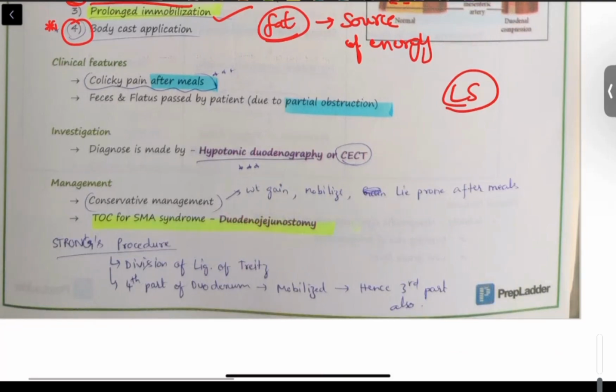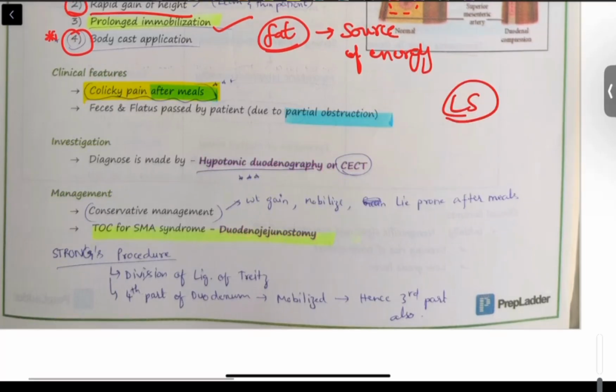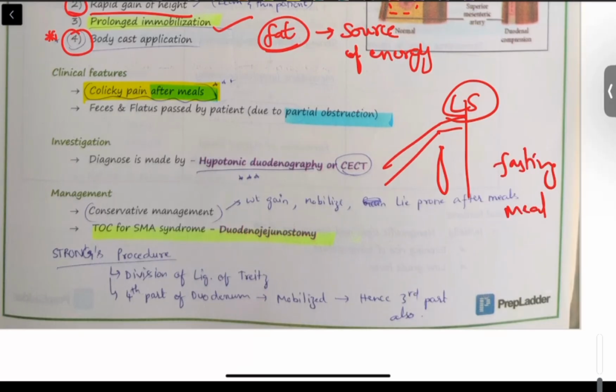Okay, so what will be the clinical features basically? Colicky pain after meals, because once there is no meal, even if the structure is like this, in the fasting state, it is fine. So whenever the patient consumes a meal, this will start getting dilated, but there is not enough space for it to dilate.